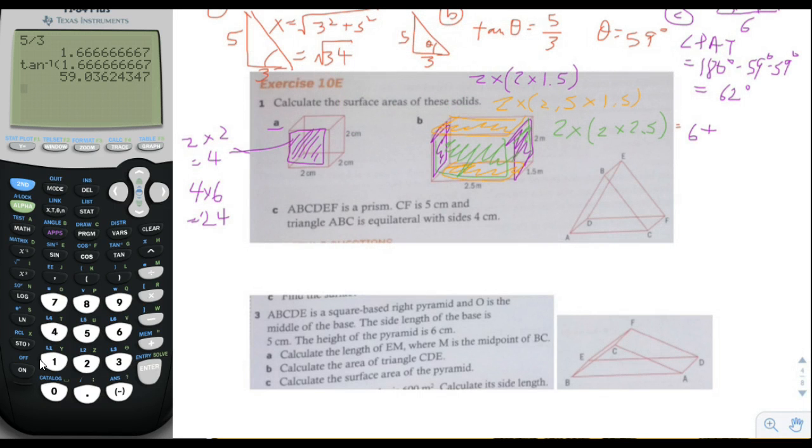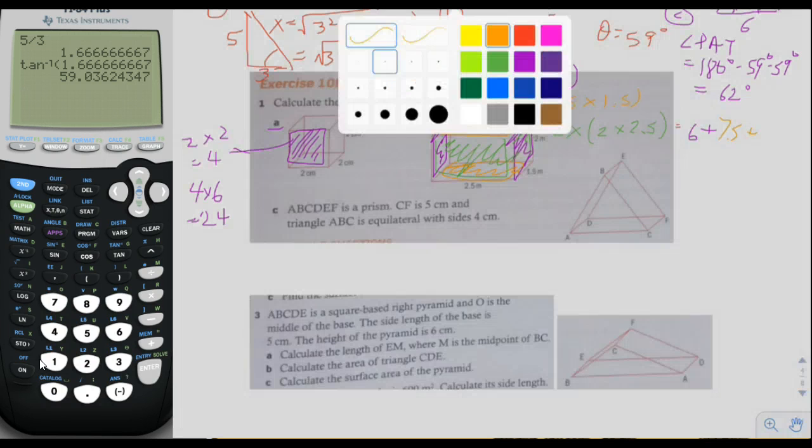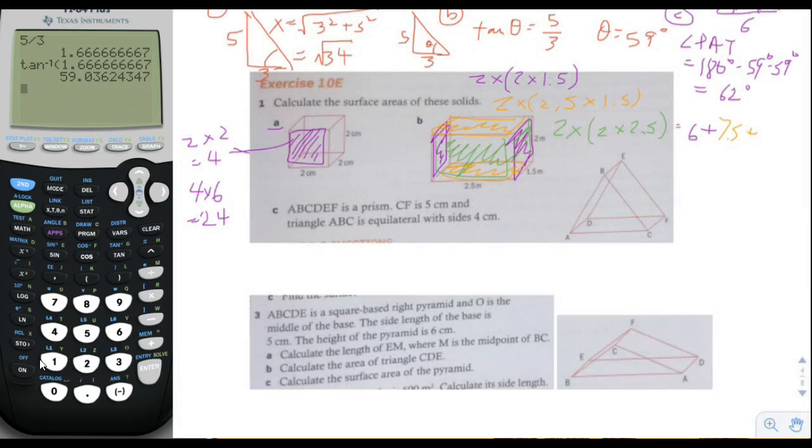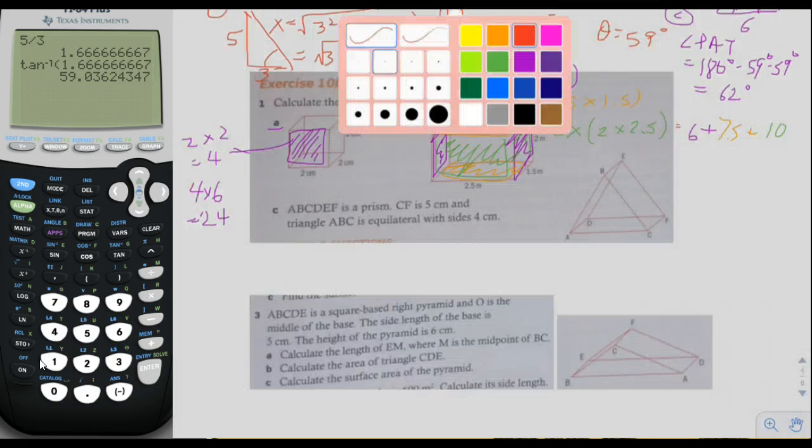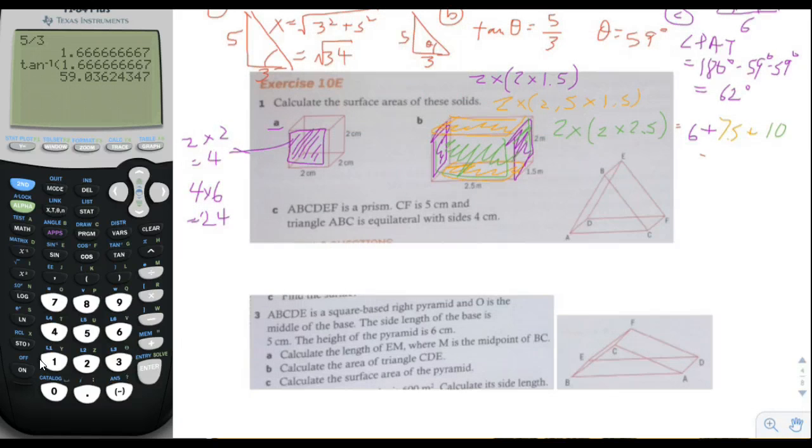The orange part, 2 times 2.5 times 1.5, 7.5. And the green part, 2 times 2 times 2.5 is 10. And the answer, 6 plus 7.5 plus 10, 23.5. That's the answer to B.